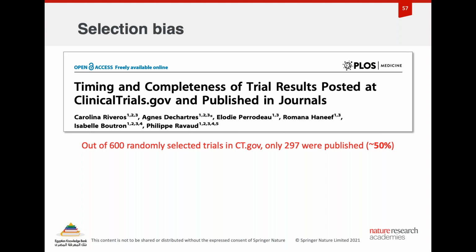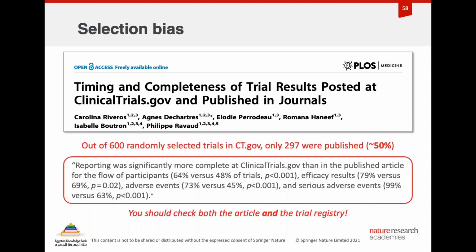But they also found another very important observation. Of these 297 trials that got published, they then compared the results from the trials registry with what was actually published in the journal. And what they found was this: reporting was significantly more complete in the trials registry than in the published article for the flow of participants, for the efficacy of the results, for adverse events.